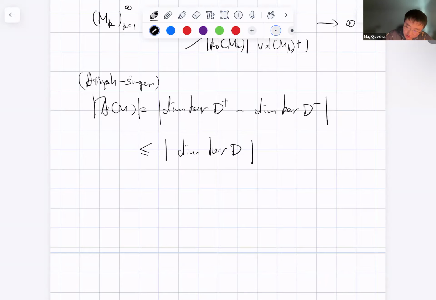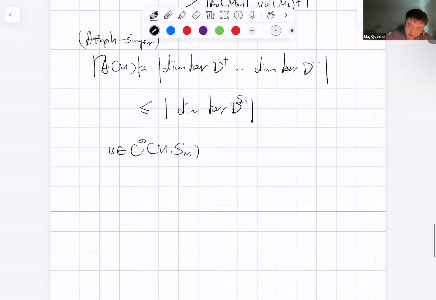Suppose that we have a smooth section of the spinor bundle such that it is in the kernel, so D u is 0. Of course, here we need to use the fact that the Dirac operator is self-adjoint, so the square is also 0.